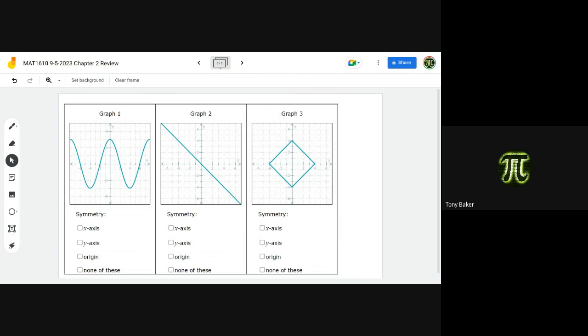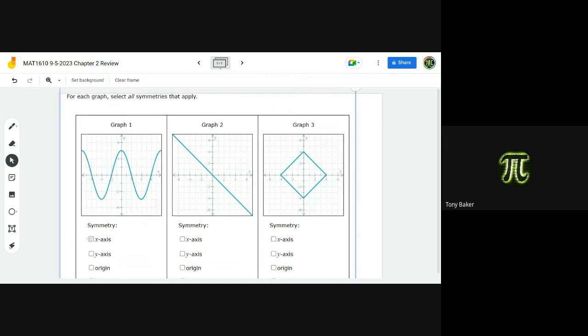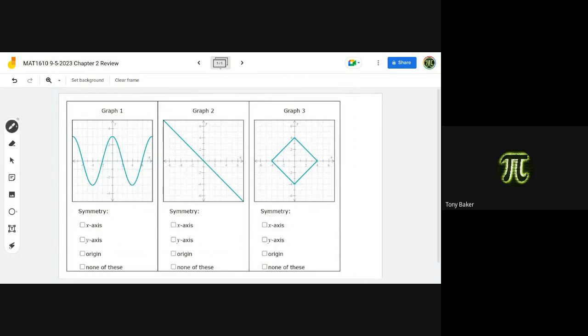All right, so the first one is a function. Is it symmetrical? Over which axis? The y-axis. Does anybody remember even and odd functions? Is this an even function or an odd function?